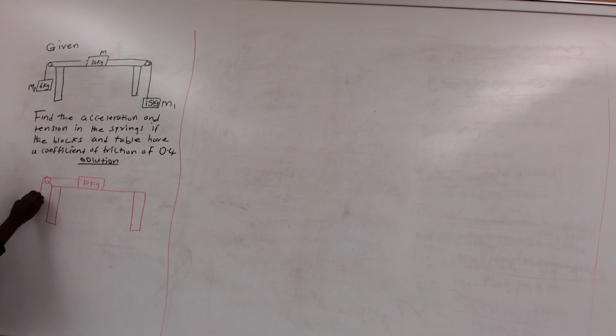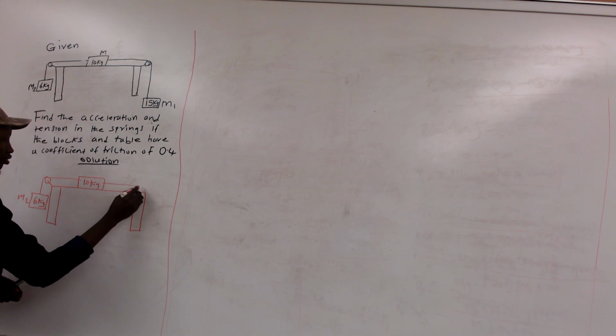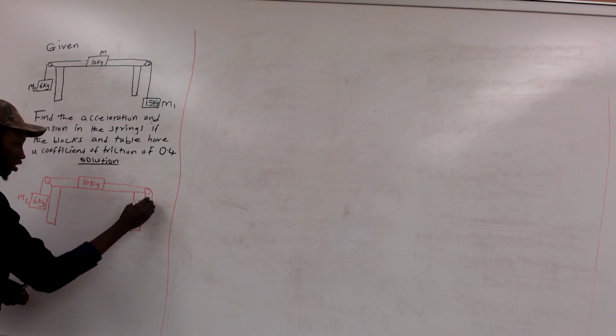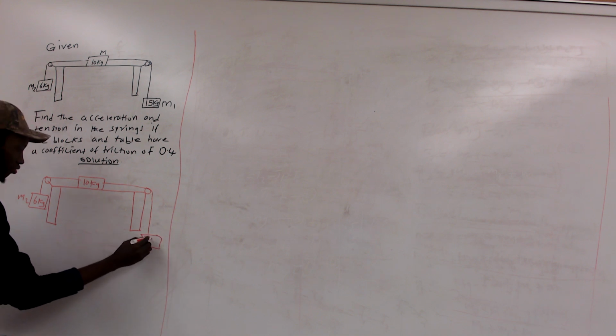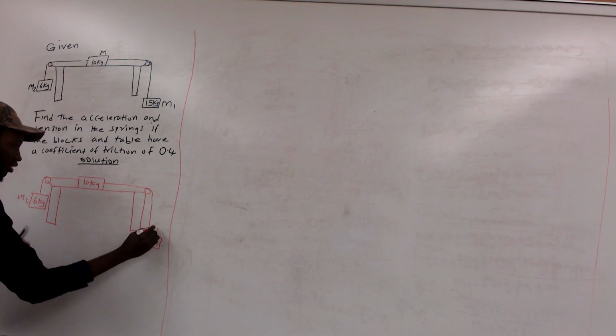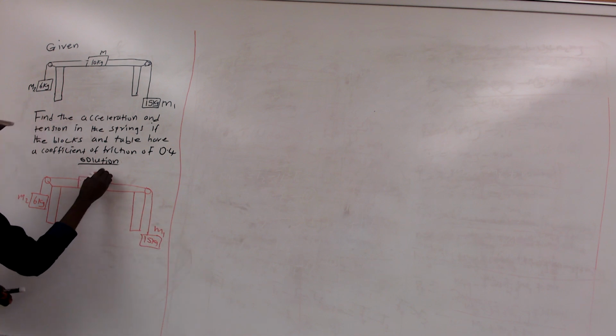We have this mass that is being attached here. This is 6 kilograms. This is mass M2. And we also have another one which is being attached here. This object is mass 15 kg, labeled as M1.